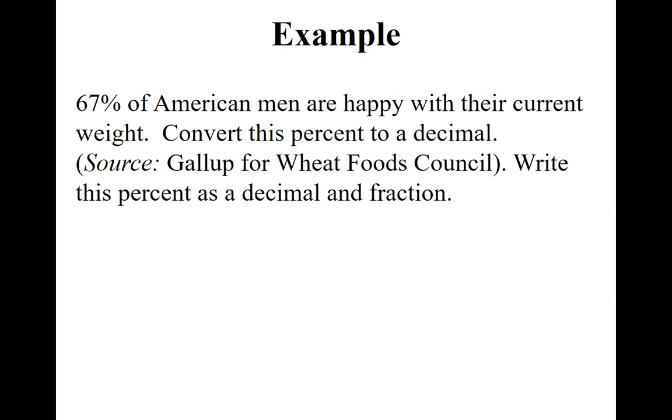"67% of American men are happy with their current weight. Convert this percent to a decimal. Write this percent as a decimal and fraction." So percent to decimal, the percent sign becomes 0.01.